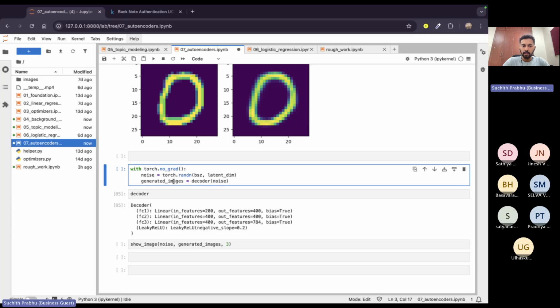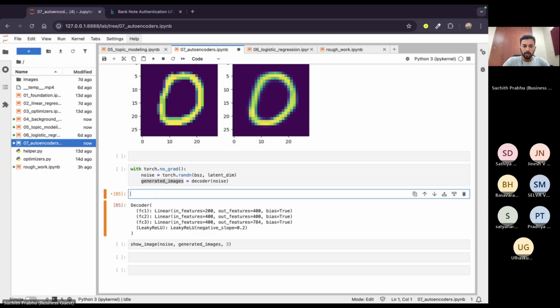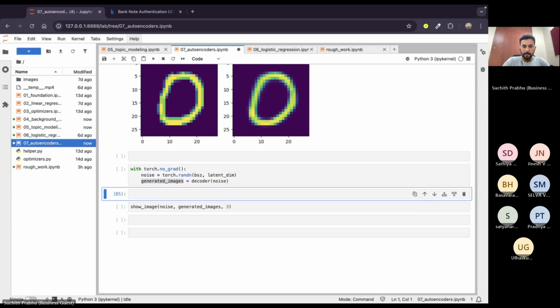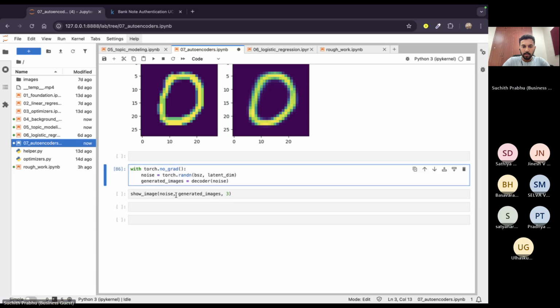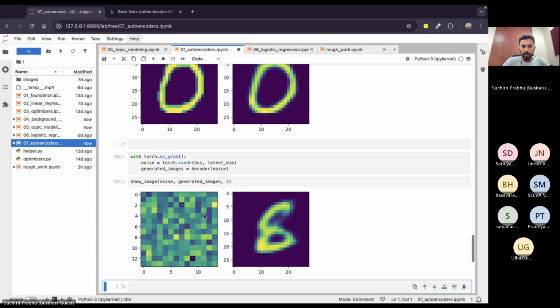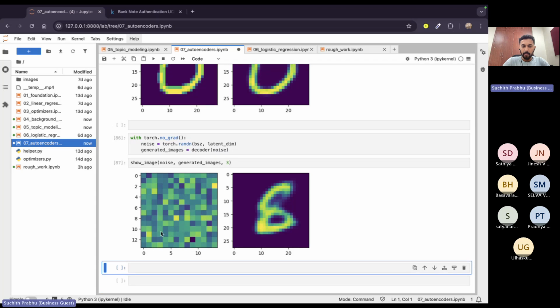Let's see what we get as output. We gave this random input and you see it has recovered 8.